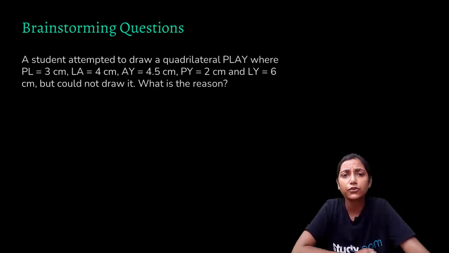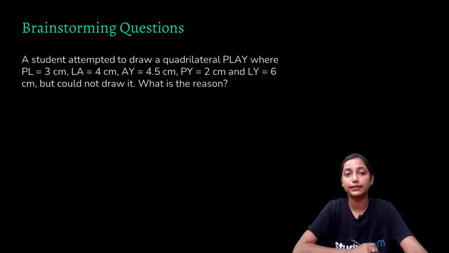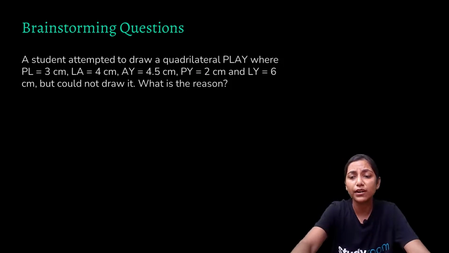What is another brainstorming question that we have? A student attempted to draw a quadrilateral PLAY where PL was 3 cm, LA 4 cm, AY 4.5 cm and PY 2 cm. And also LY is 6 cm. But could not draw it. What is the reason?